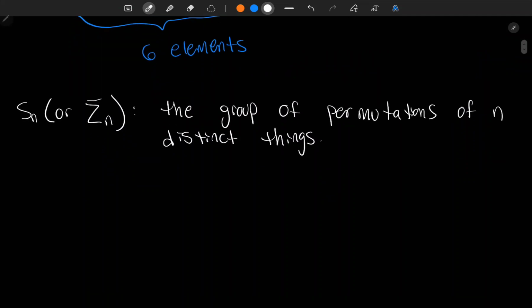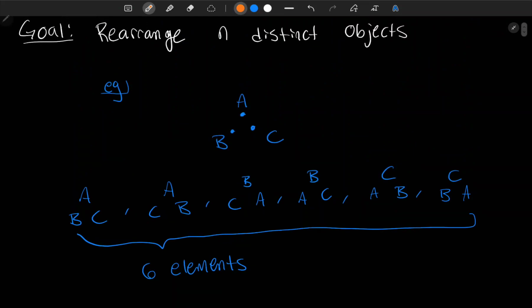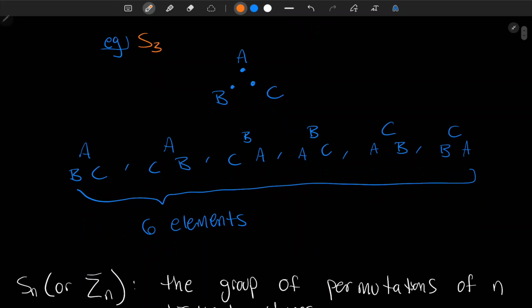And as a note, Sn has n factorial elements. So here, this is an example of S3. So there should be 3 factorial elements, and that's exactly what we have, because 3 factorial is 6.